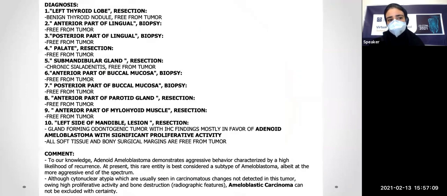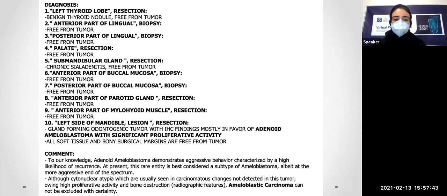By reviewing the literature, me and my colleague, Dr. Shakib, I would like to thank him for giving me the case. Thank you, Dr. Shakib. The gland-forming odontogenic tumor was evident for us, and we found that adenoid ameloblastoma with significant proliferative activity is the best term for describing the lesion.